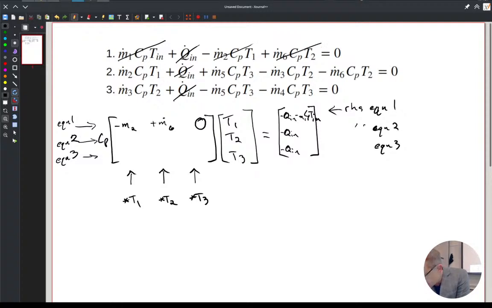Now I've got a positive M2 for T1, a negative M3 and a negative M6 for T2, and then T3 is a positive M5.